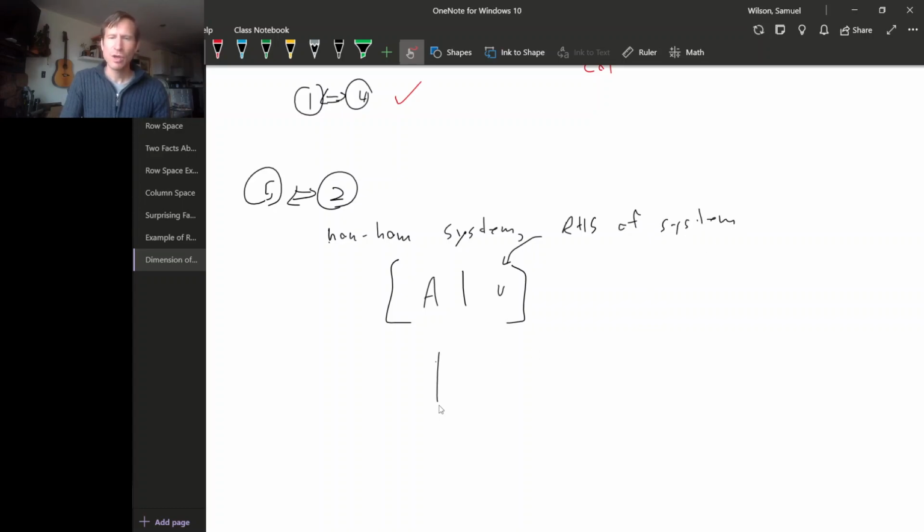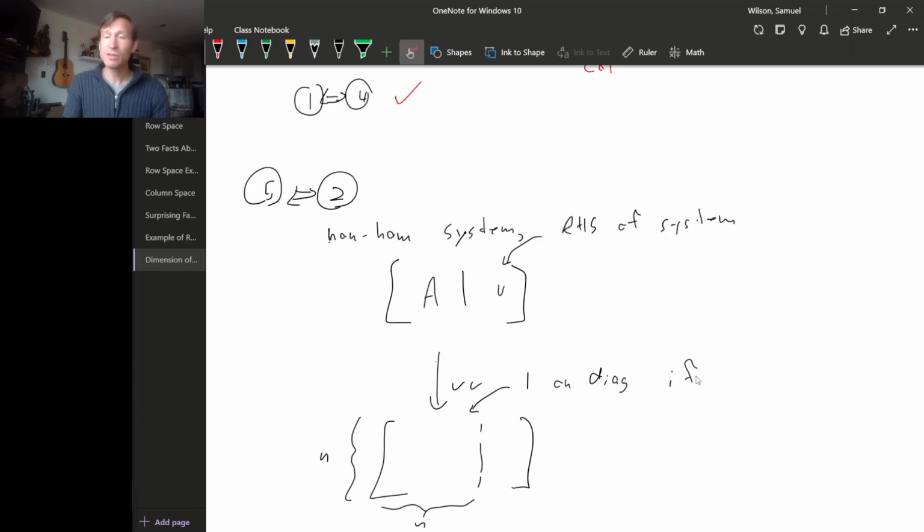So if we row reduce this, what do we get? Remember that this part of the matrix is n by n. We get 1s on the diagonal if and only if A has rank n, right?